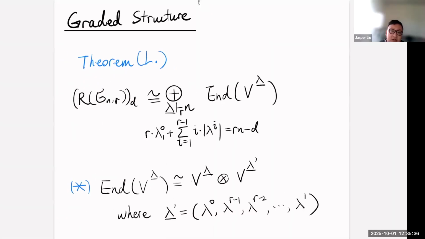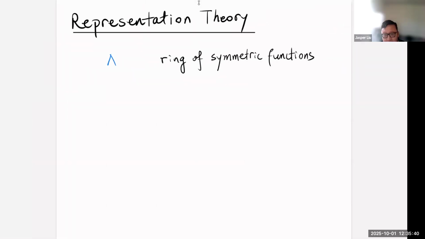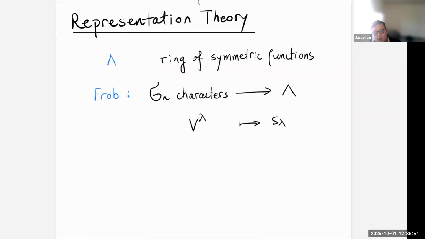And before we introduce our final object of study, I'll need to quickly go over some representation theory. So we have the ring of symmetric functions. And the Frobenius map is the map that takes an input S_n representation and outputs a symmetric function.